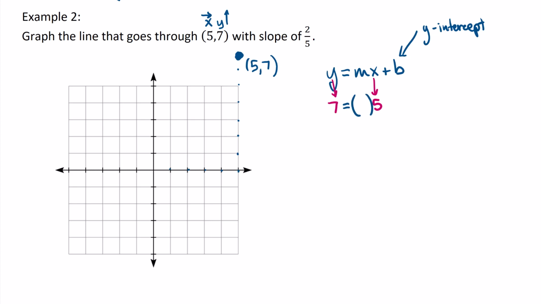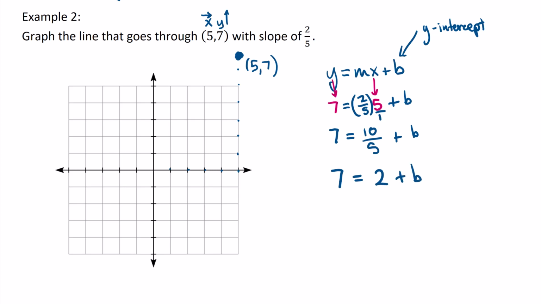My slope, m, is given as 2/5. And I need to isolate b. b is my y-intercept. That's what I need to find. So 7 is equal to, now remember 5 is a whole number, I can put it over 1, 10 over 5 plus b. Multiplying straight across gives me that 10 over 5, and I can reduce that. 7 equals 2 plus b.